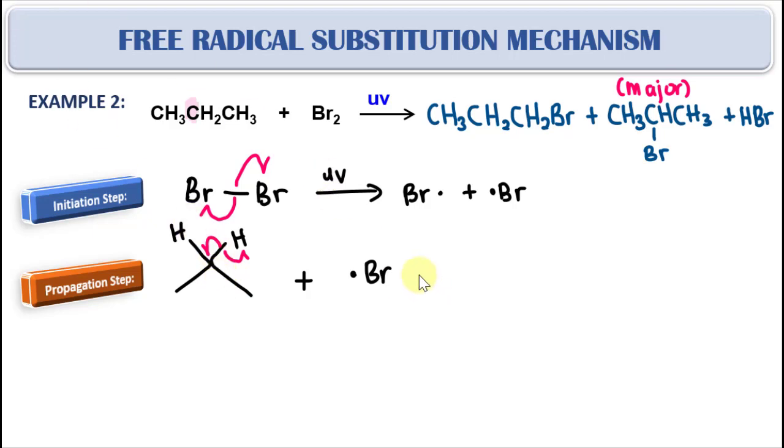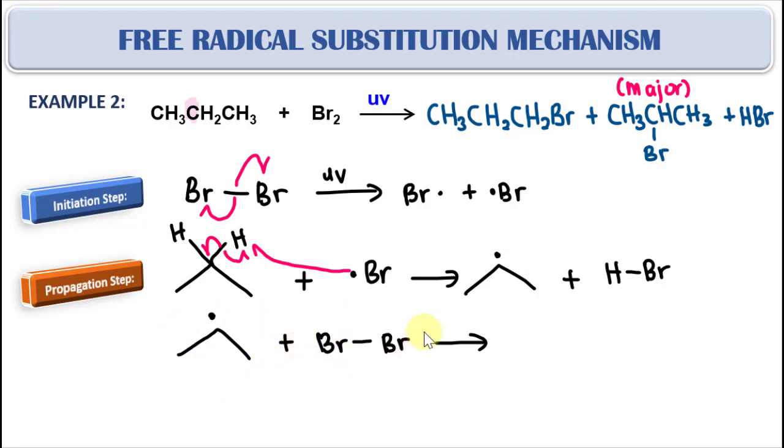So here our carbon radical will form, which is our secondary carbon radical, and then the hydrogen radical will combine with the bromine radical and form the hydrogen bromide molecule, which is our side product.